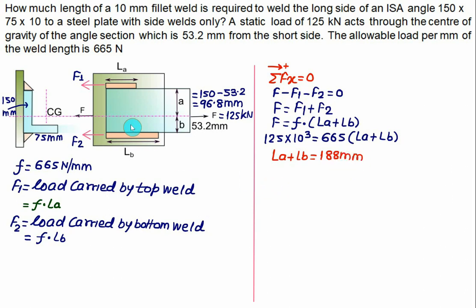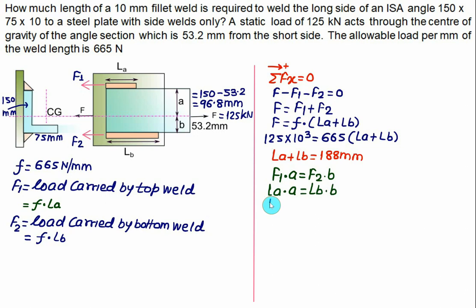By taking moments, we know F1 multiplied by A is the same as F2 multiplied by B. So we have F1 multiplied by A equal to F2 multiplied by B. F1 is F into LA, and F gets cancelled. So we have LA into A equal to LB multiplied by B.